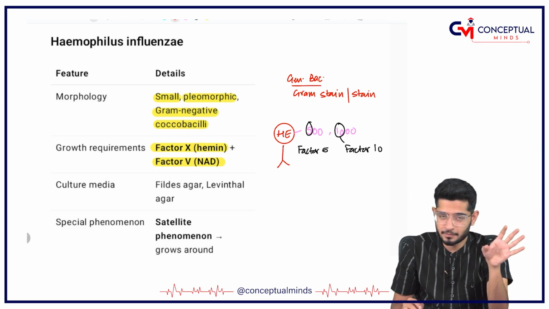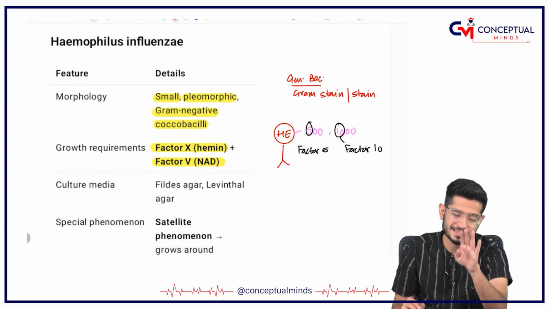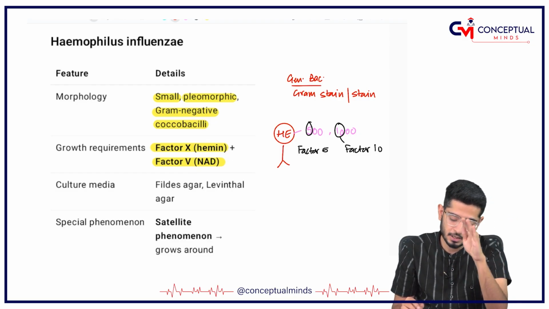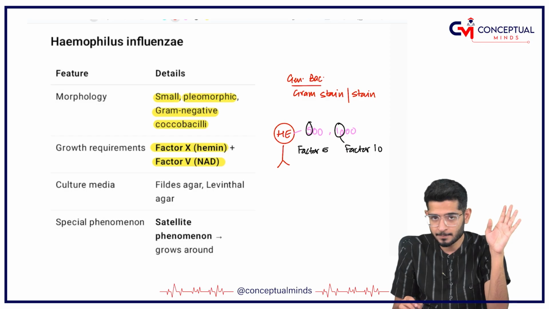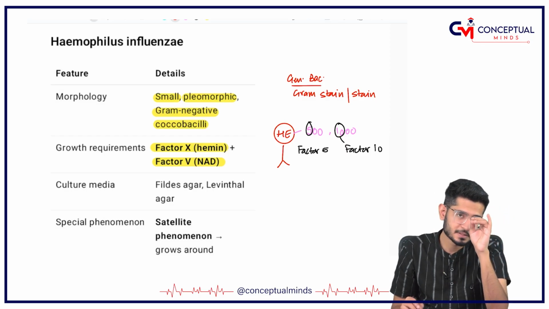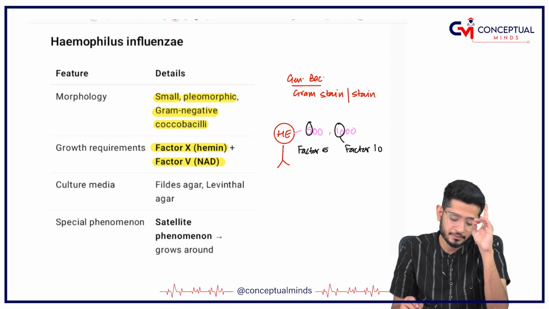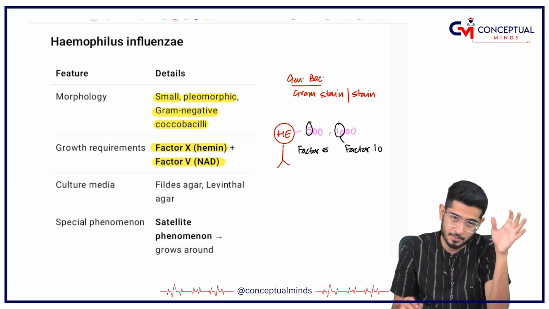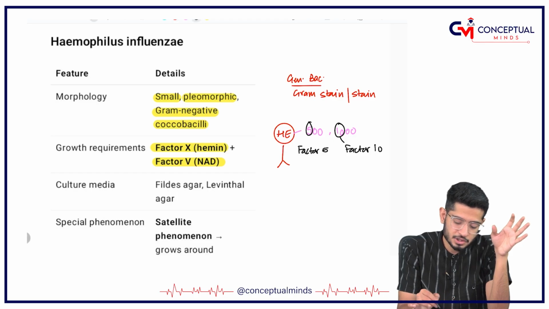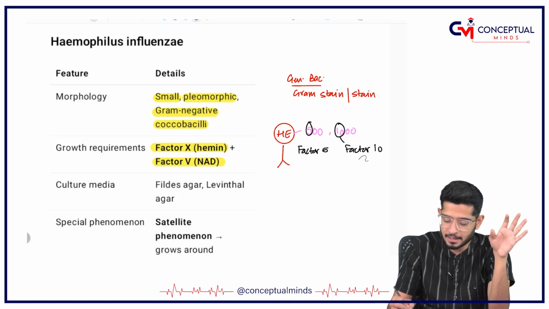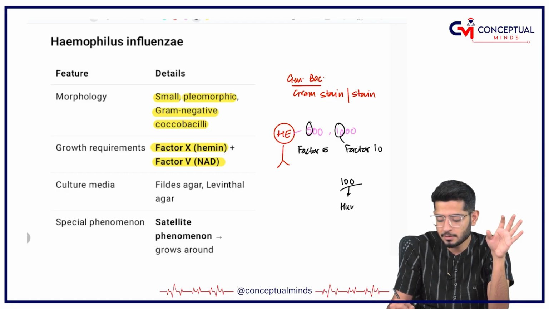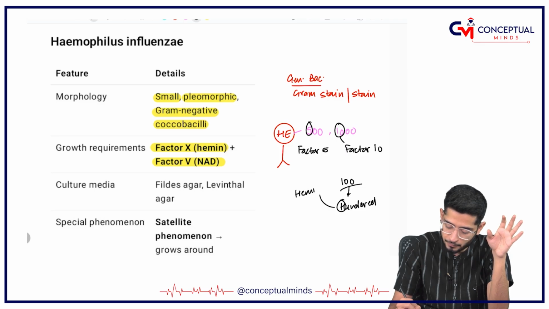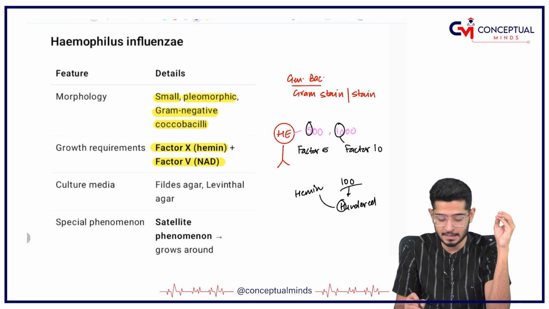Factor 5 is called NAD and factor 10 is called hemin. This is very, very important. To remember, if I put a zero on 10, that becomes 100, and H for 100 and H for hemin, whereas factor 5 is NAD.